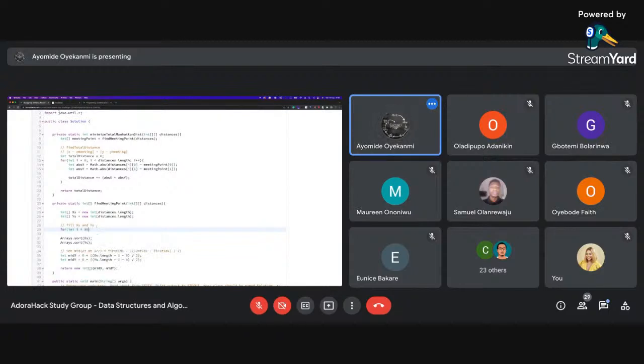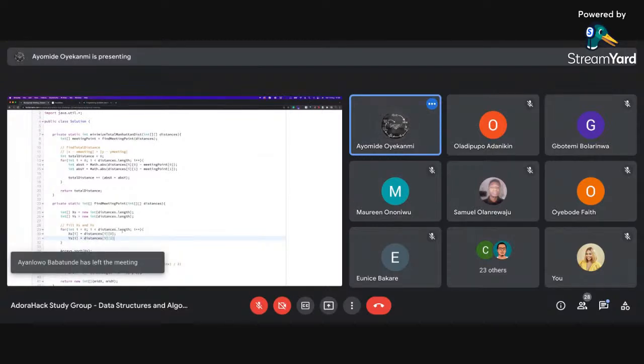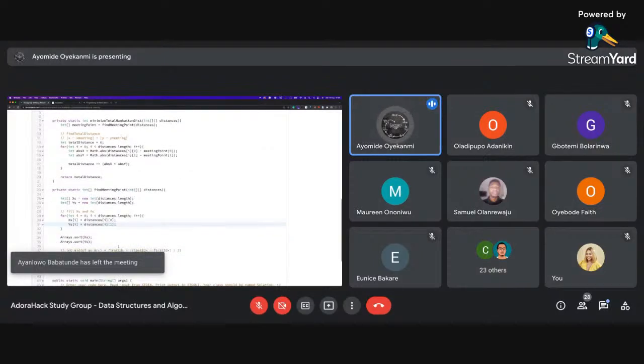So I goes from 0 up to distances length. x's i would be whatever this person's distance at 0 is, and y's i would be distances at 1. Okay, so this makes sense.